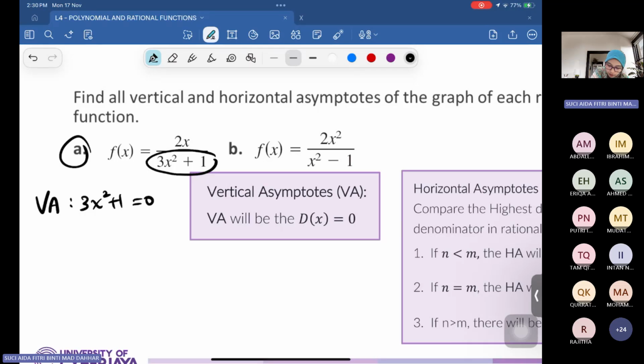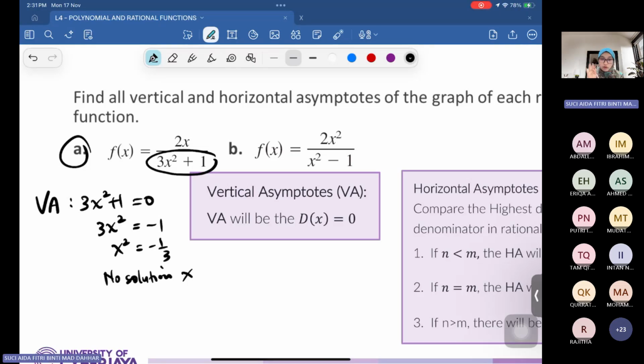And then solving for x, 3x squared equals -1. Okay, there's no solution to this, right? x squared equals -1/3. There will be no solution to x.